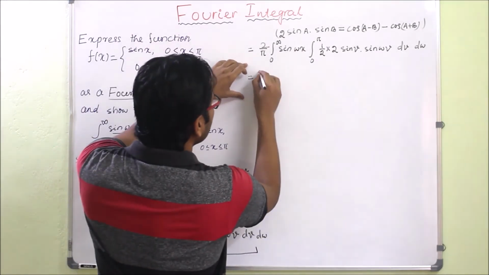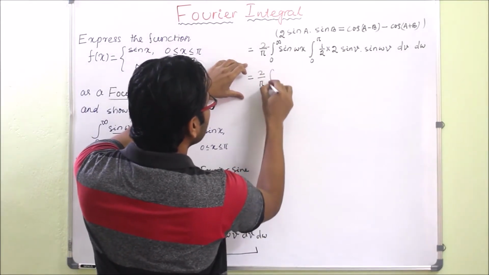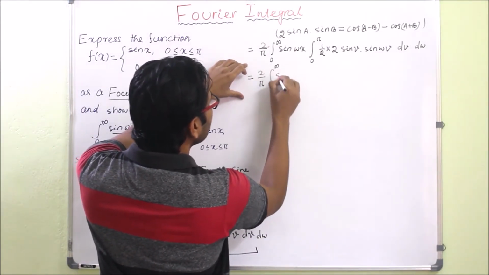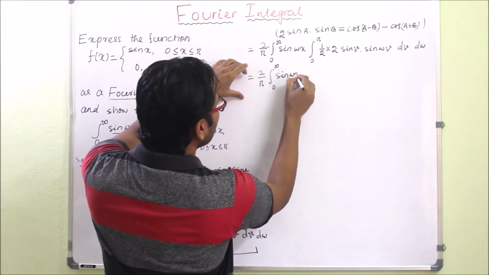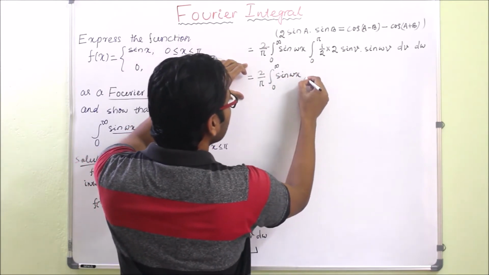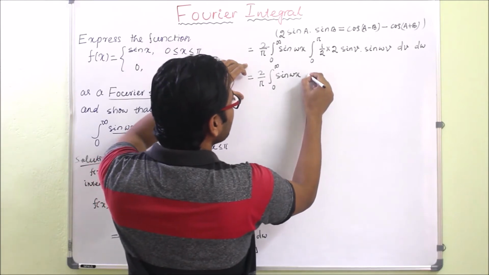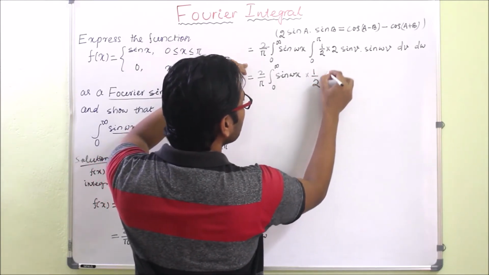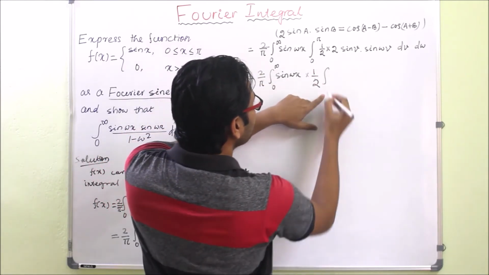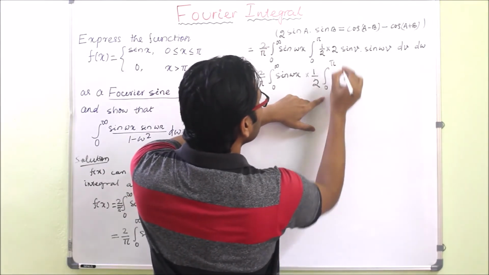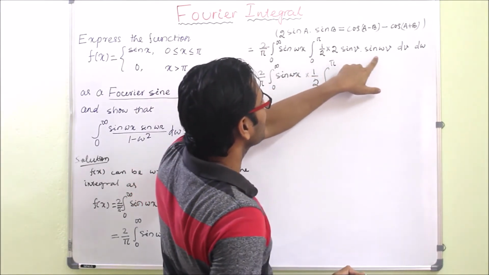Now what will happen? 2 by pi, integration 0 to infinity sin wx, into 1 by 2 whole, then integration 0 to pi. So the 2 sin a sin b form is there.